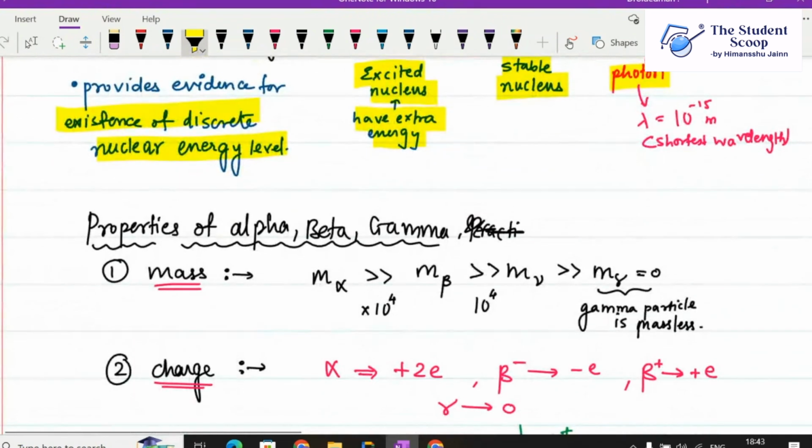Then we can learn some properties of alpha, beta, and gamma decay. If I talk about the mass of an alpha particle, it is roughly around 10 raised to minus 27 kg, while the beta particle comes under 10 raised to minus 31. So the alpha particle is basically 10,000 times more massive than the beta particle. The mass itself tells us which path the nucleus will take.